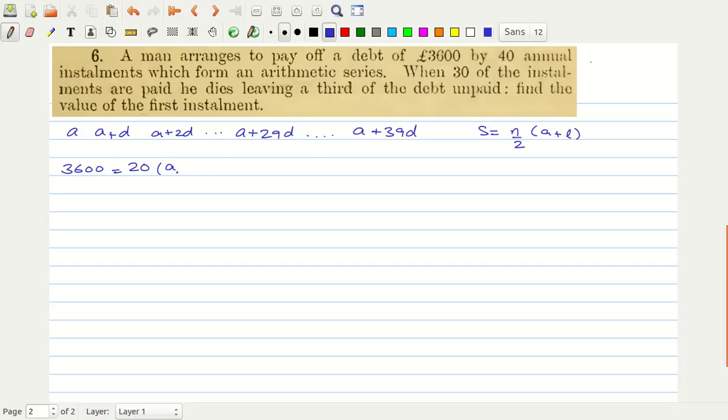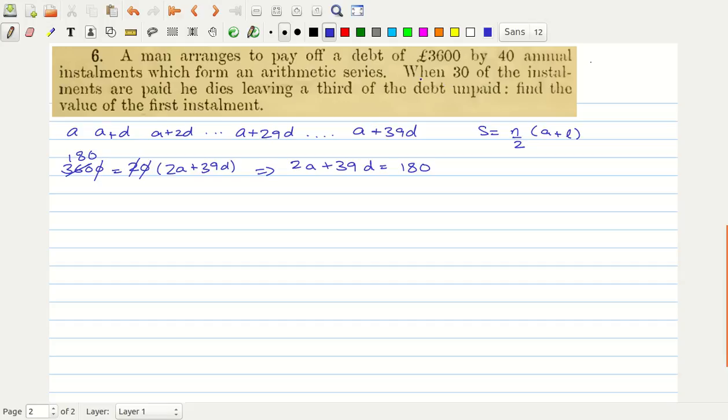So this becomes 2a plus 39d. So from this we can make one equation. We get 2 times 180. So we get 2a plus 39d is equal to 180. Correct? This is the first equation.